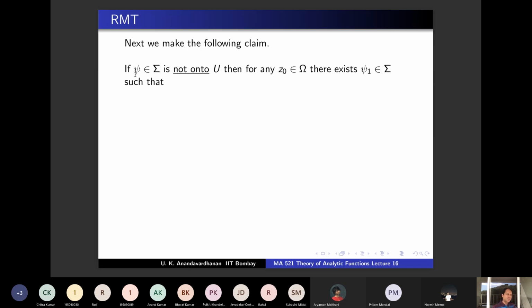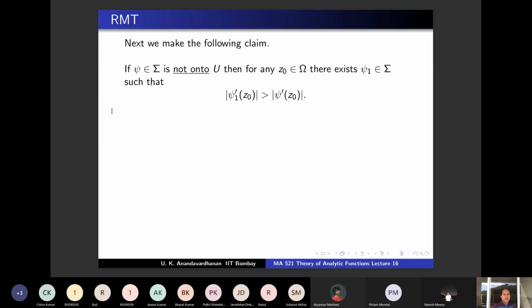So if you take a function and if it is not onto, then whatever point you take, I can find a function psi1 such that the modulus of the derivative of psi1 at z0 is strictly bigger than that of psi at z0. So this is going to be the next claim, and you will see why this is going to play a role.